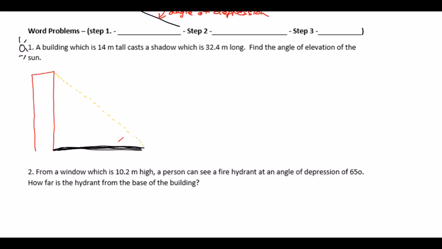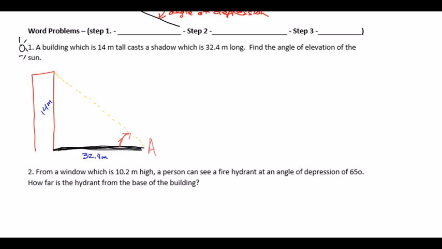Now when we're looking for the angle of elevation, what we're looking for is this angle here. I'm going to call this A, my reference angle. And I know that this distance here is 32.4, and this distance along the vertical is 14 meters.